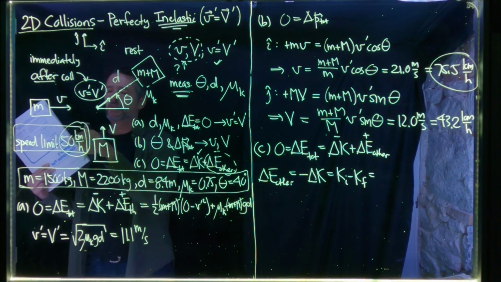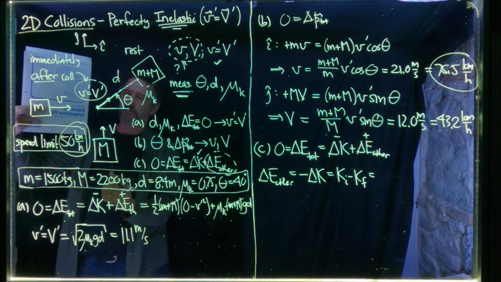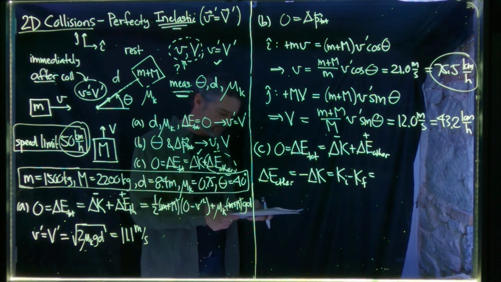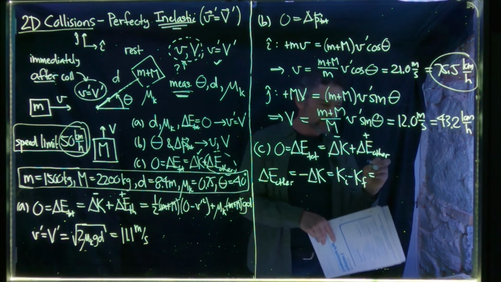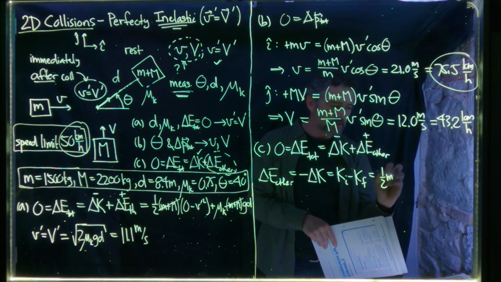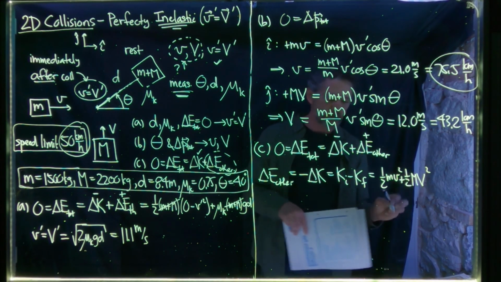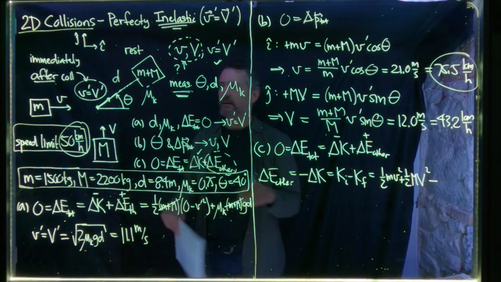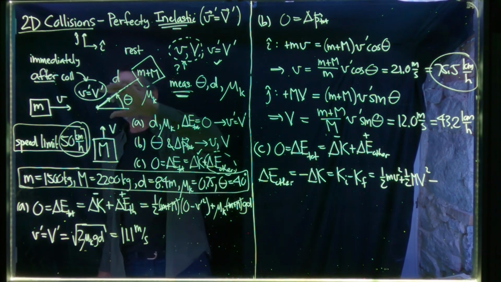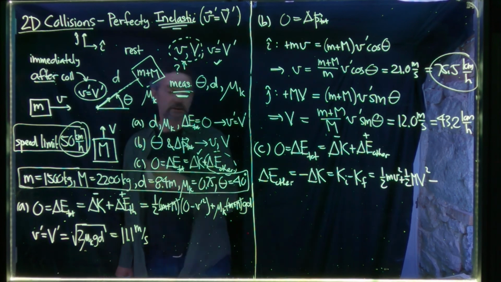For the initial kinetic energy, we have objects of mass little m and big M moving with speeds little v and big V. So initial is 1/2 little m little v squared plus 1/2 big M big V squared. We want to subtract the final kinetic energy. Immediately after the collision we have an object of mass little m plus big M moving with a speed little v prime.